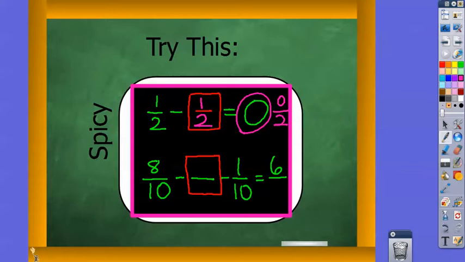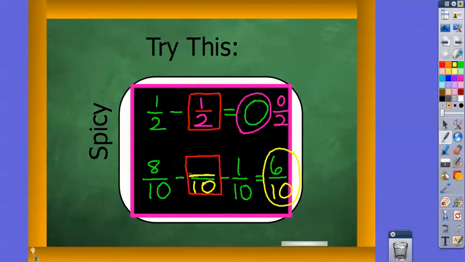So 8 over 10, let's look at this second problem. 8 over 10 minus what minus 1 over 10 equals 6 over what? Well, let's start with what we know. I know that my denominators are going to stay the same throughout this problem, so I can put a 10 below that fraction as a denominator and 10 as my answer as a denominator. So I know my final answer is going to be 6/10. So how can I figure out what goes into this blank?